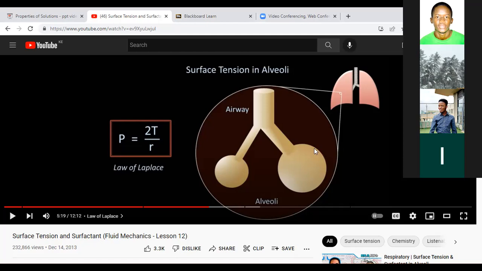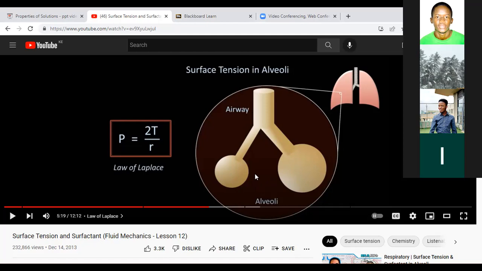And as you saw in that demonstration I gave you last time, if these 2 airways were connected and you are to allow these 2 to interact, there will be a tendency of the air inside this alveolus to move up and go back to the one which requires less pressure to stay open.